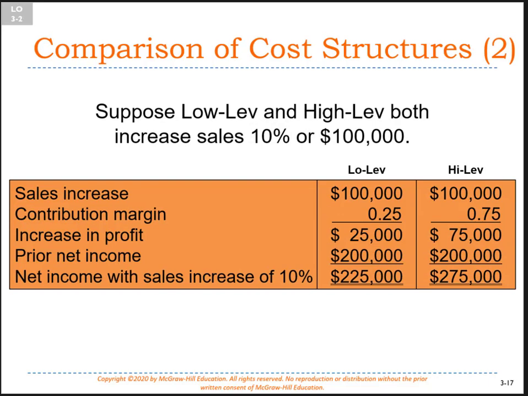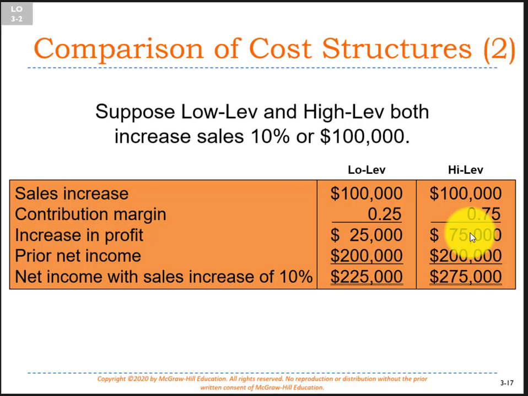If sales increase, and I could say the same thing for sales decreasing, but sales increase 100,000 for each side, then the contribution margin, there'll be an increase in profit of 25,000, right? An increase of profit of 75,000.